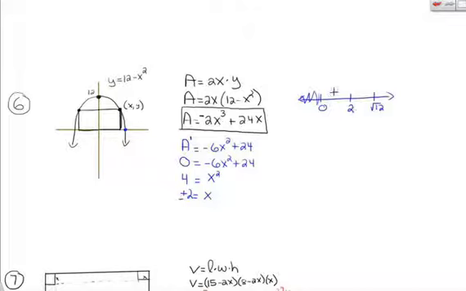And then I plug in a number like 3. 3 cubed is 27. That's going to be negative 54. And looks like another positive.